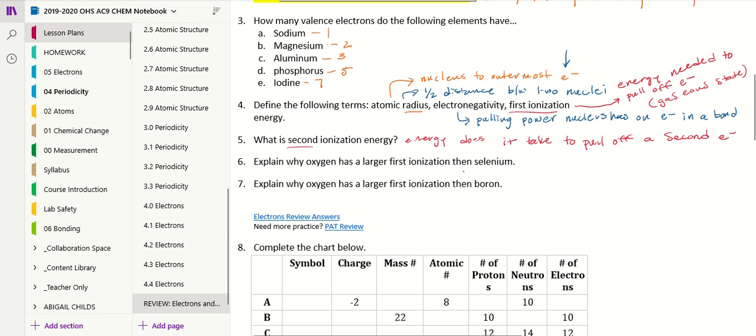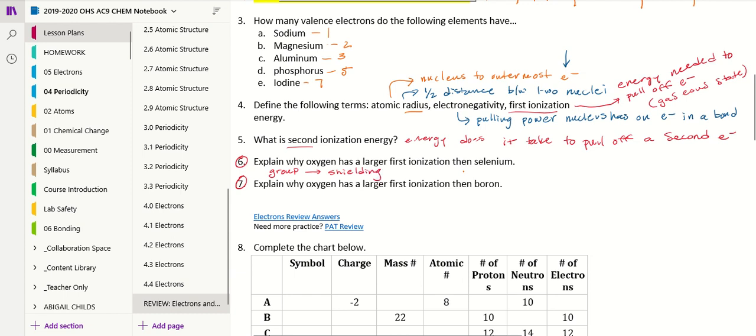All right, take a look at these examples, 6 and 7. Explain why oxygen has a larger first ionization energy than selenium. Are we looking at the same group or the same period? They're in the same group. So we are identifying which one has more or less shielding.